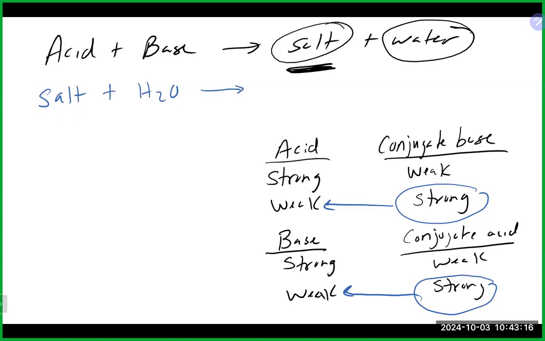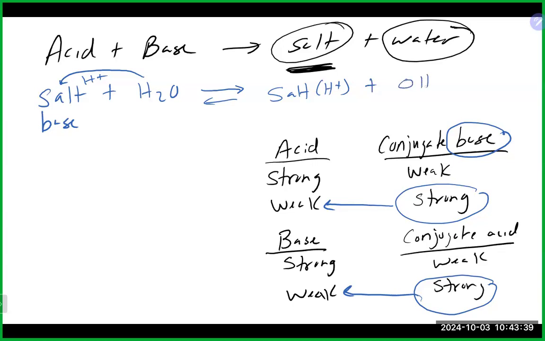The result of that is, in certain cases, the salt will have the ability to act as a conjugate base, right? Which means a base will accept an H plus from the water. When it accepts the H plus from water, it will create the salt plus the H plus. But more importantly, what it will produce is hydroxide. It will produce more hydroxide from the water by continuing to react with the water that's present.